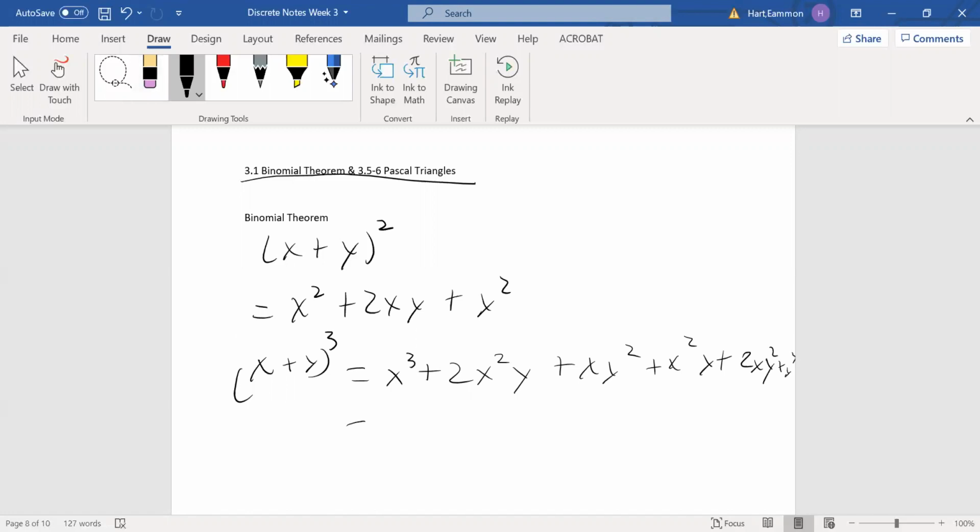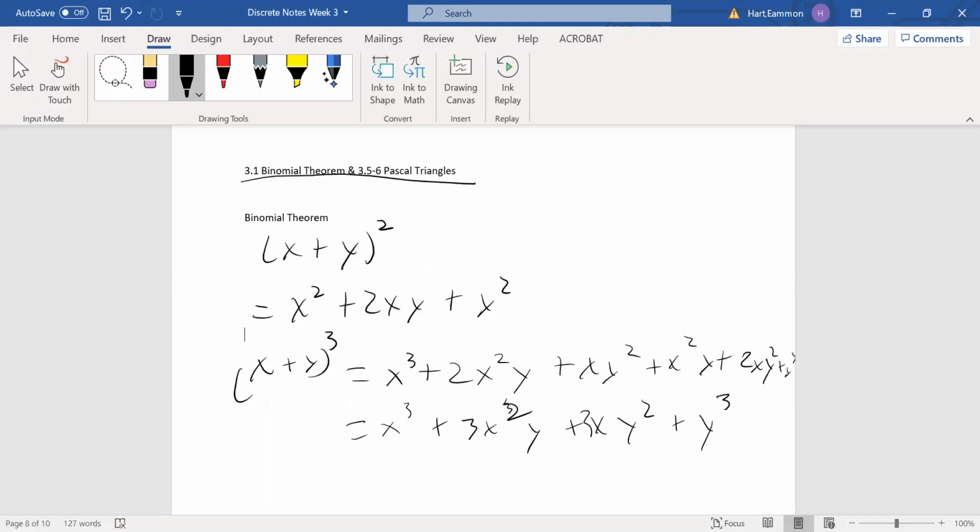And that is equal to x cubed plus 3x squared y plus 3xy squared plus y cubed.